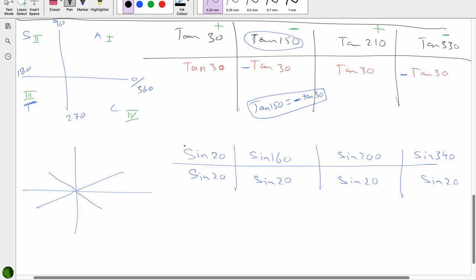So the first one, the question part. This is the question part, this is the answer part. Question part, is it positive? Sine of 20, is it positive?